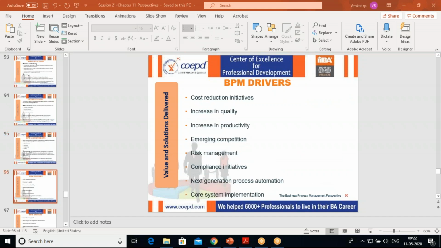Okay. And here, when we are going through it, number one is the time factor, which will be decreasing. The cost factor will be reducing, the quality factor will improve, the productivity will improve, and risk management will be at the right level.